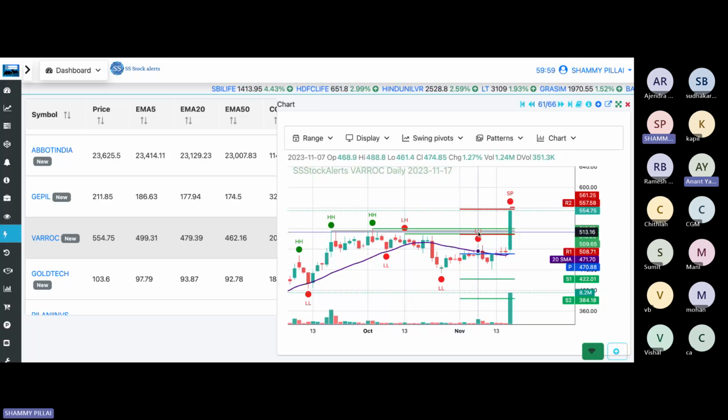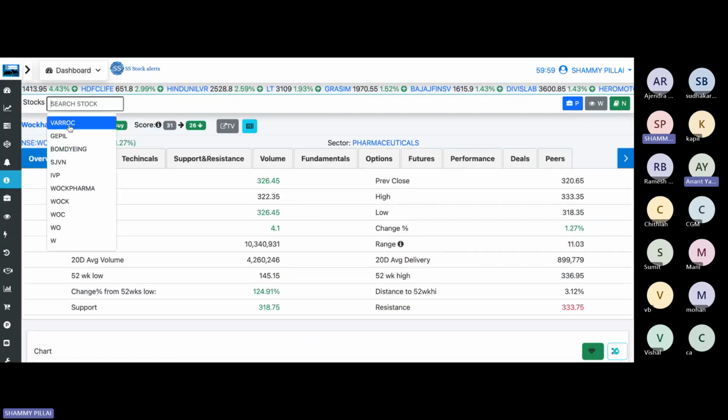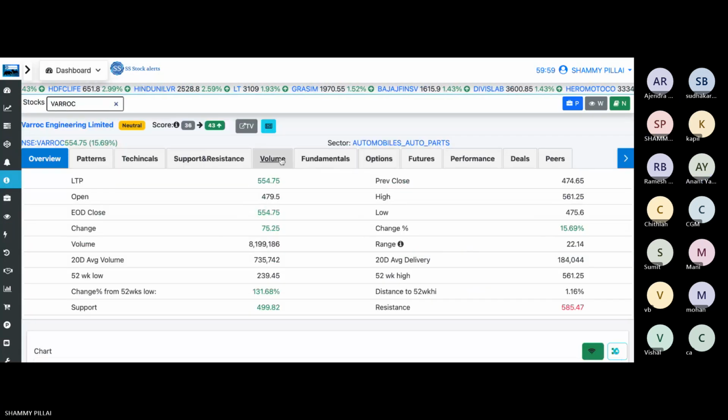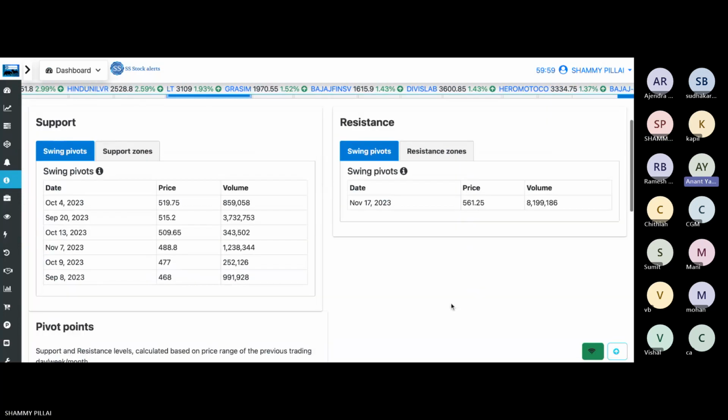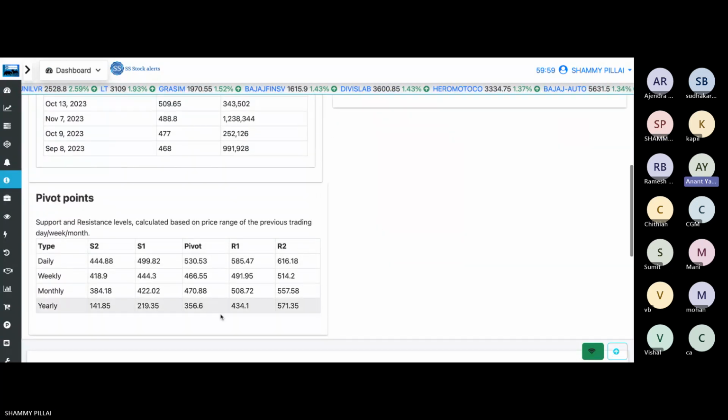So please keep a trading target in mind. Secondly, when you have entered, you have a very good thing, which is this page. When you go to the stock info and search Varroc, here you can see the targets.